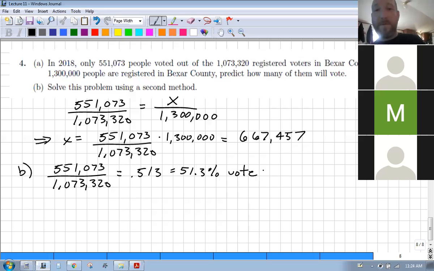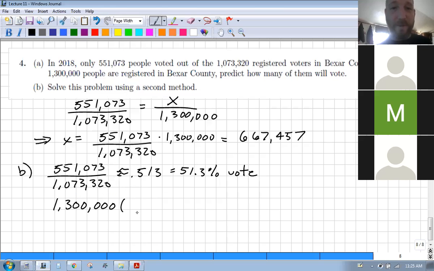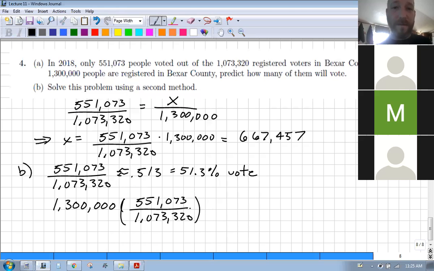If that percent votes, then we take our 1.3 million and take 51.3% of it. But that's an approximation, so instead of putting that, I'm going to put this fraction, because it's the same thing as 51.3%, but more accurate.